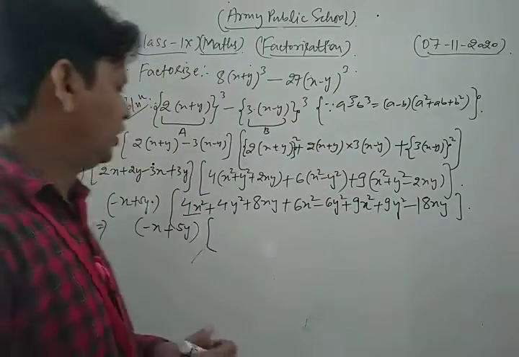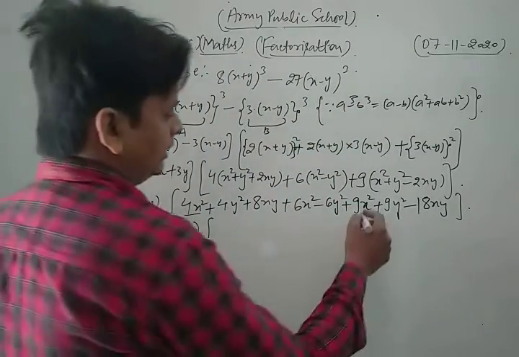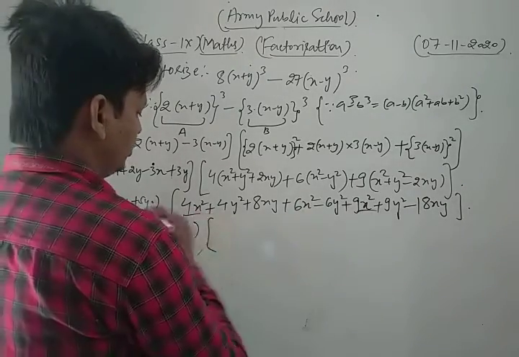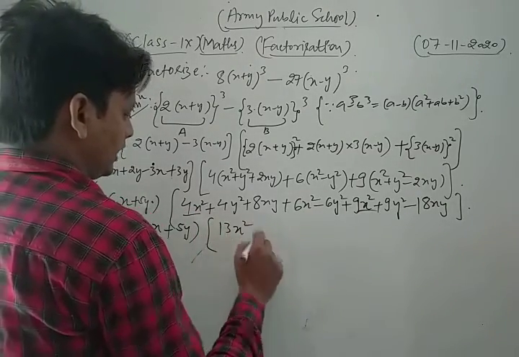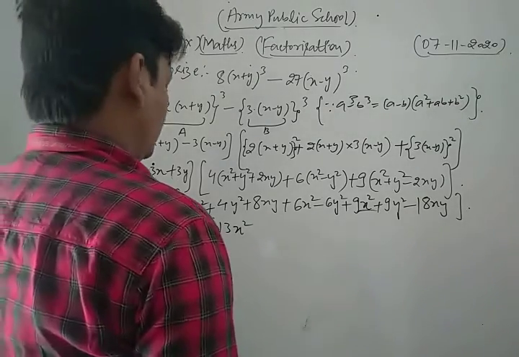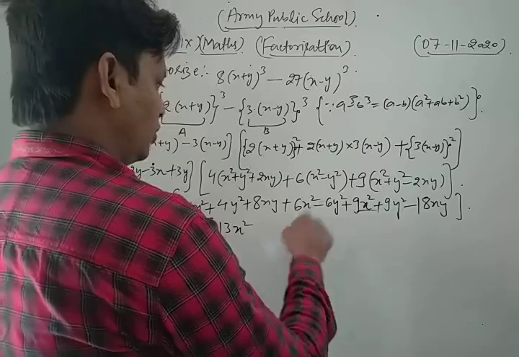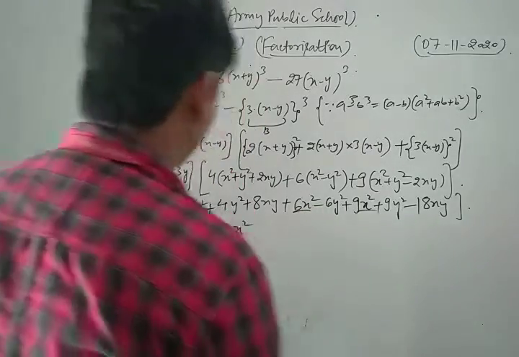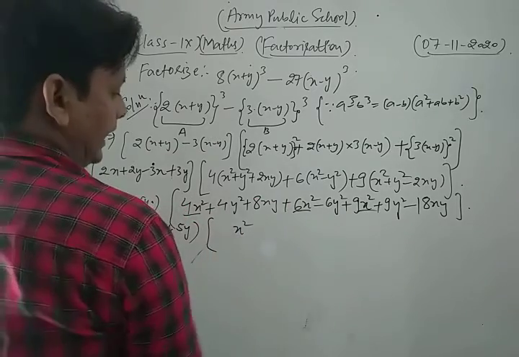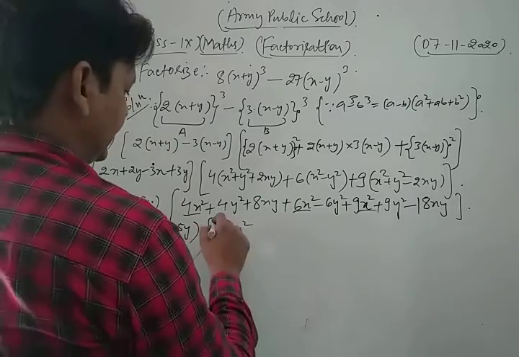So here 4x square and 9x square are like terms: 4 plus 9 is 13x square. Then x square is also there: 6 plus 13 gives 19x square.